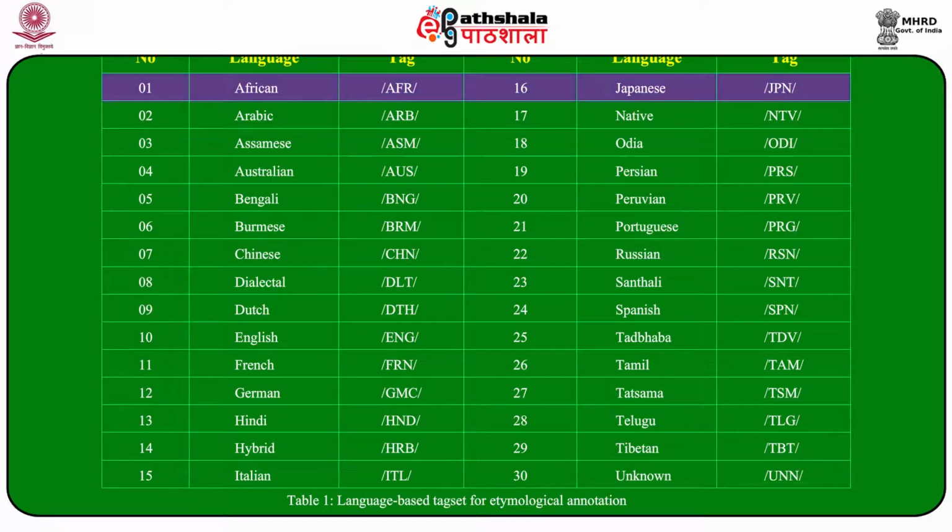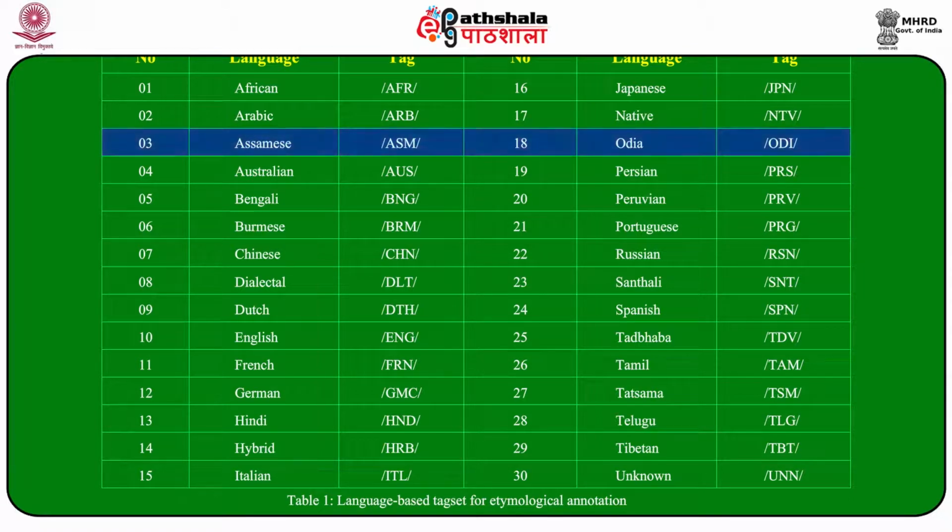So each language is given a specific ID code. Say for African languages, we have given an ID like AFR, that stands for African languages. In the case of Arabic, we have ARB.